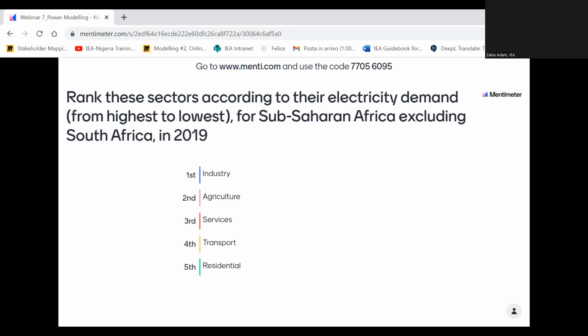But there is some rising trend for electrification of transport, starting for example with 2 or 3 wheelers, and we would expect sales of electric vehicles to rise in the future, but so far it's still a very tiny part of the electricity demand.